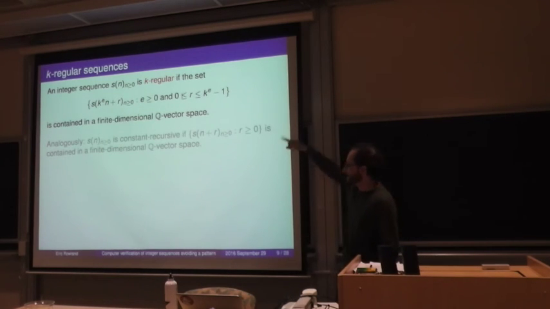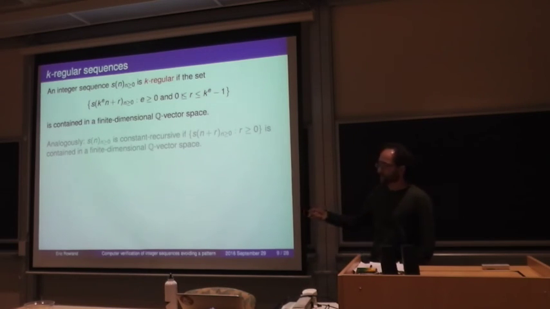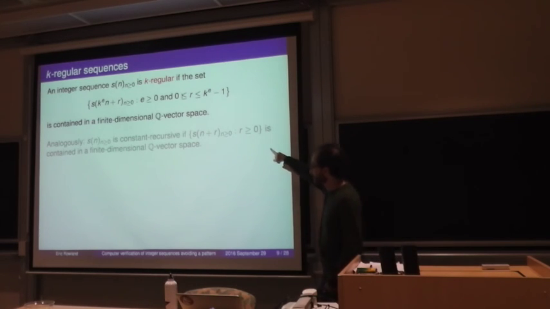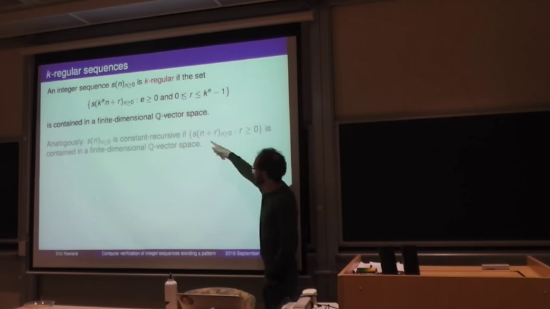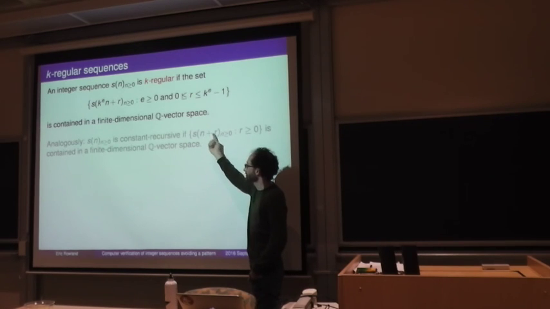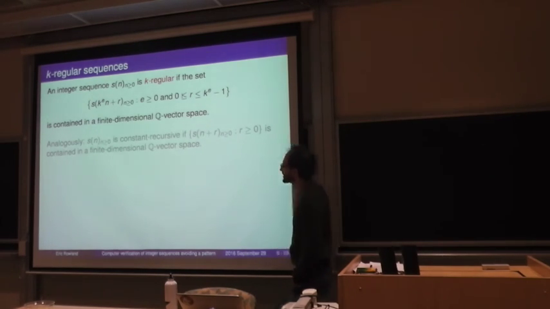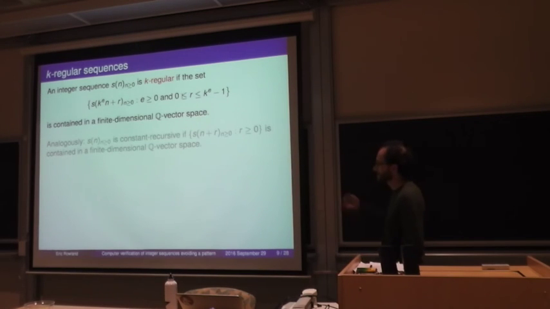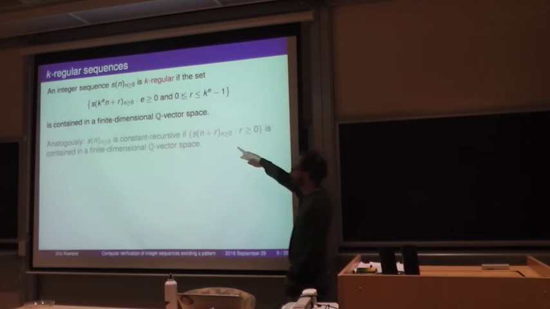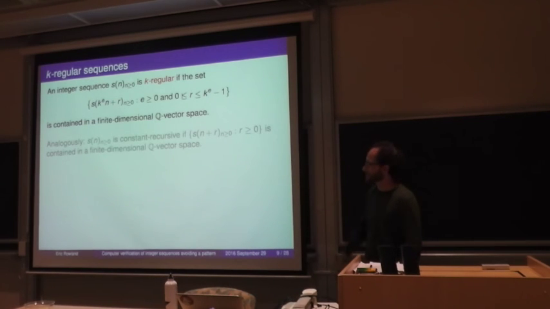I think of these as analogous to things like the Fibonacci sequence. The Fibonacci sequence satisfies the recurrence f of n plus 2 equals f of n plus f of n plus 1. That's equivalent to saying that this set of sequences, where we just have a simple shift, is contained in a finite-dimensional vector space, because as soon as you get past shifting by 2, you can rewrite that sequence as a linear combination of previous sequences.